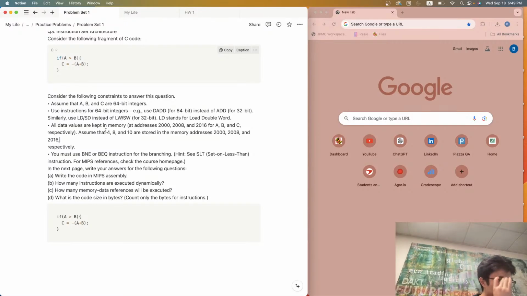All right. So LD, SD, I guess these are load double, store double. Load double word. Load word.